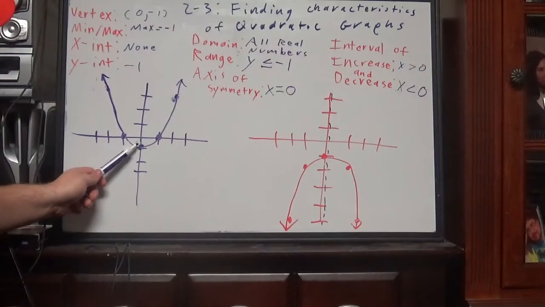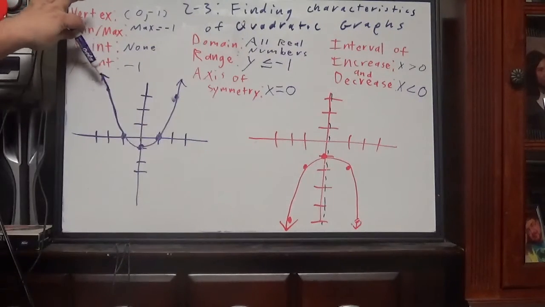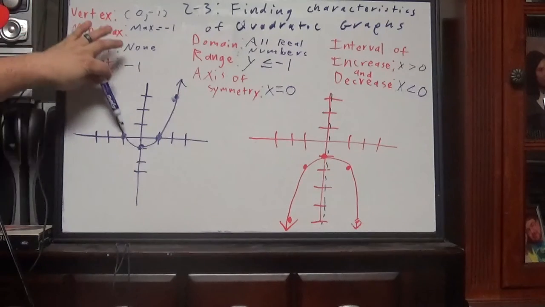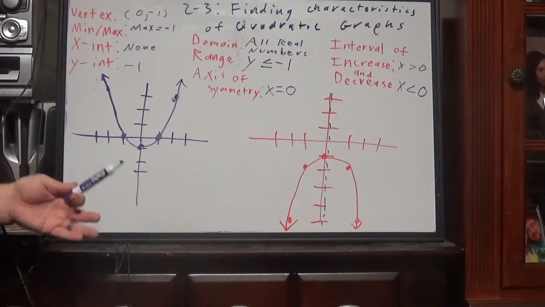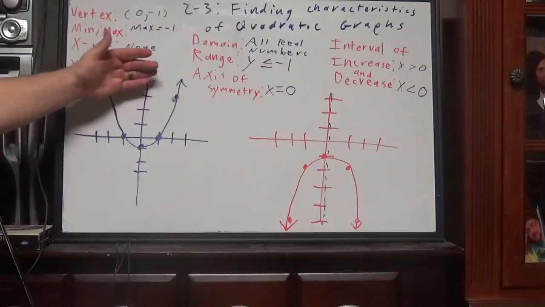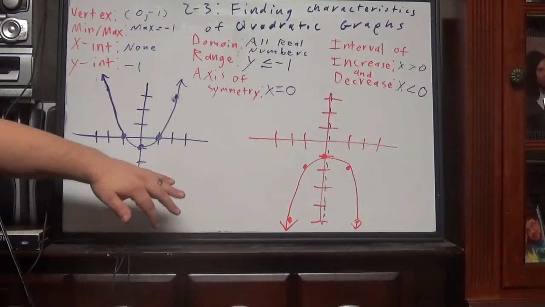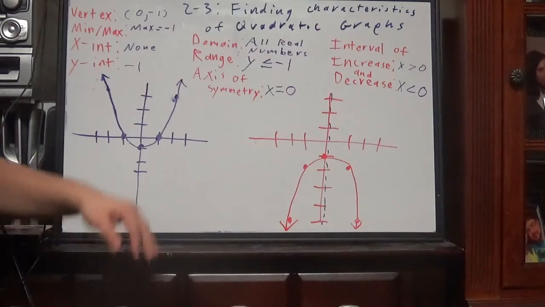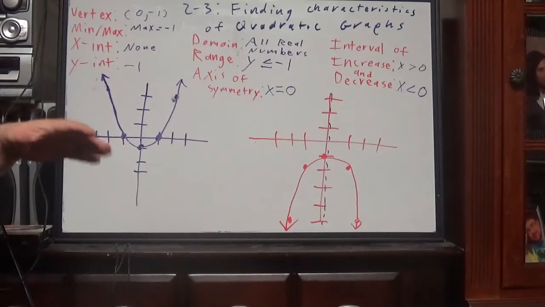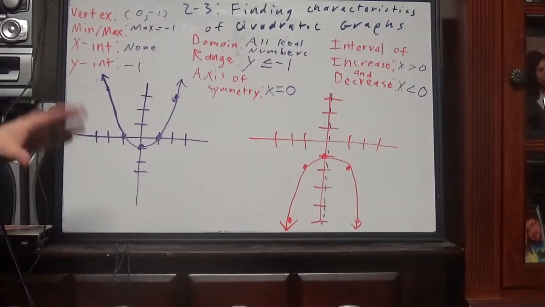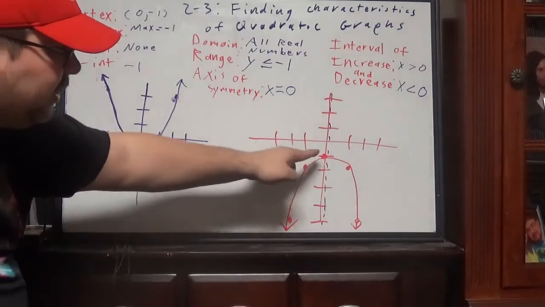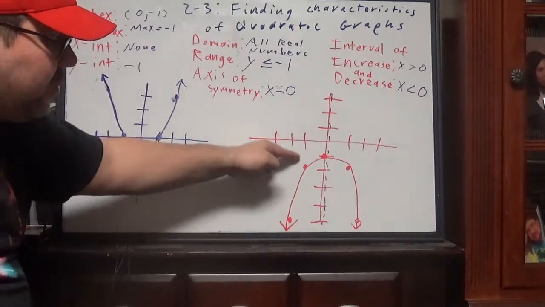Originally, we said interval of increase was everything where x is greater than 0, and decrease was everything where x is less than 0. So when x is less than 0, it was going down. Well, now we've literally flipped the graph, so we're going to flip the increase and decrease. Looking at the axis of symmetry, until we reach x equals 0, notice it's going up.